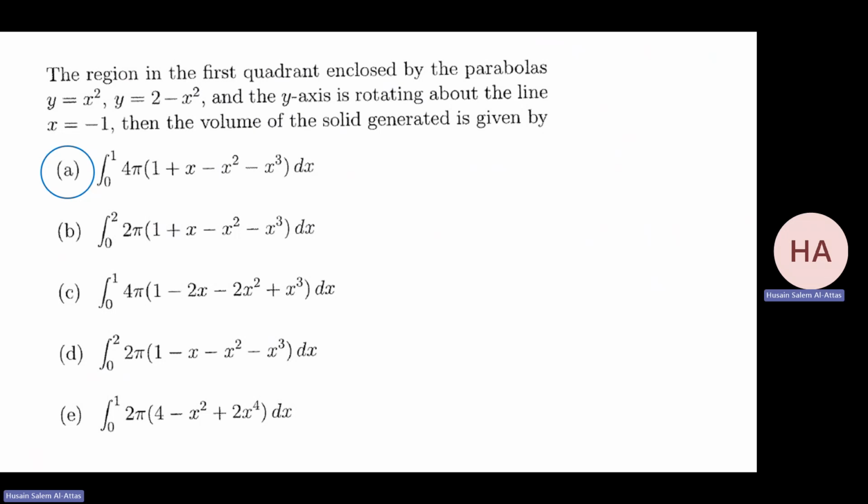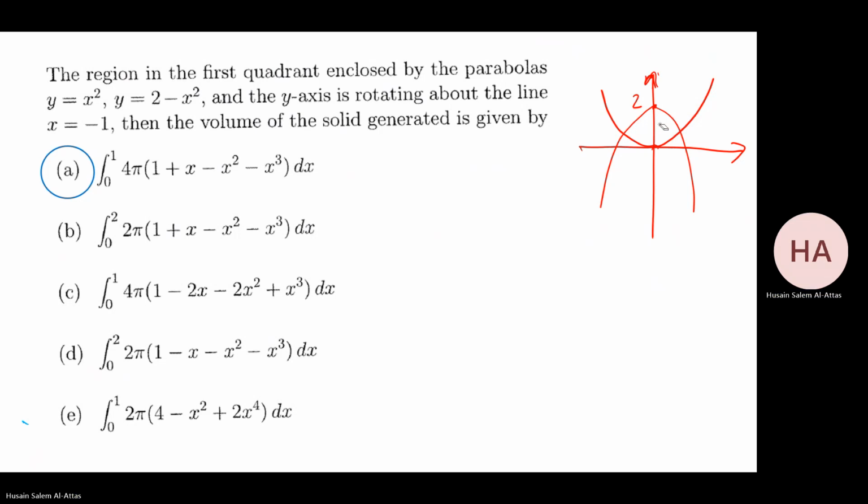Okay. I have y equals x squared. This is y equals x squared, and 2 minus x squared. This is 2. And the y-axis. I'm talking about this region only. Very careful.